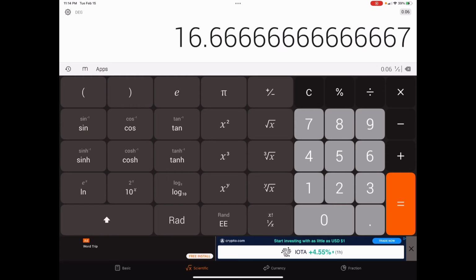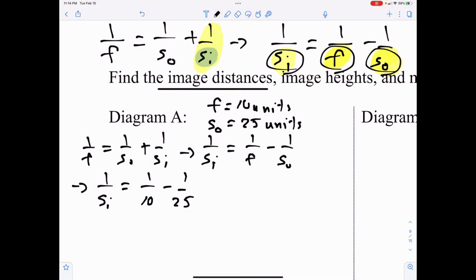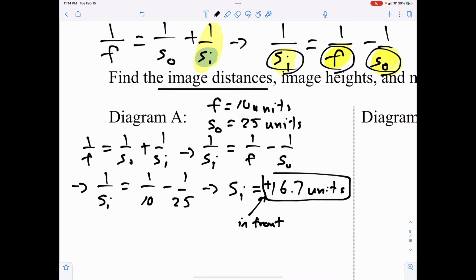You can see we get a little over 16, about 16.7. So SI is approximately 16.7 units in front of the mirror. Since the answer is positive, we know that positive means it's in front of the mirror. Okay, so there's the first part.